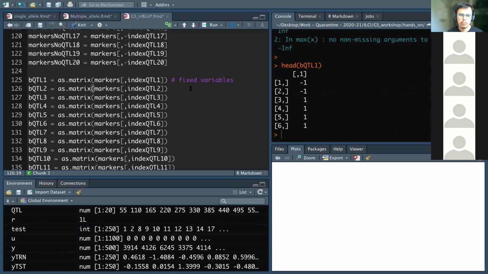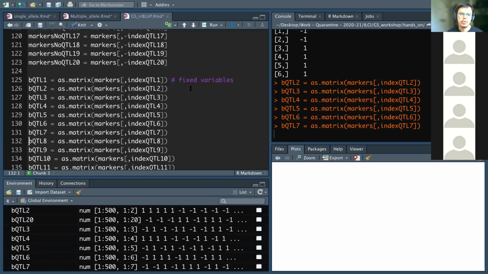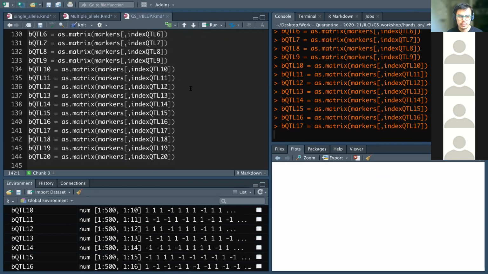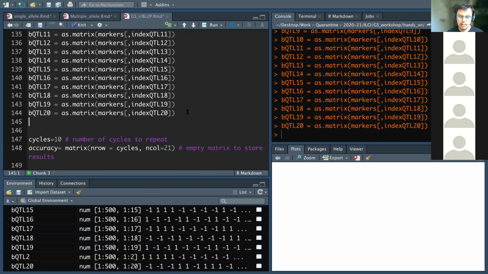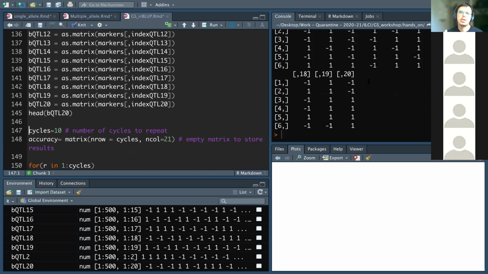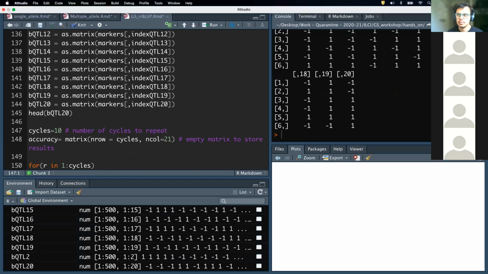Okay, and we're gonna do exactly the same for all the other 20 data sets that we have, and the last data set that is the one that has the information, the genotype of the 20 QTLs. It's gonna have 20 columns, so that we're gonna use the genotypes of those 20 QTLs as fixed variables in the model.